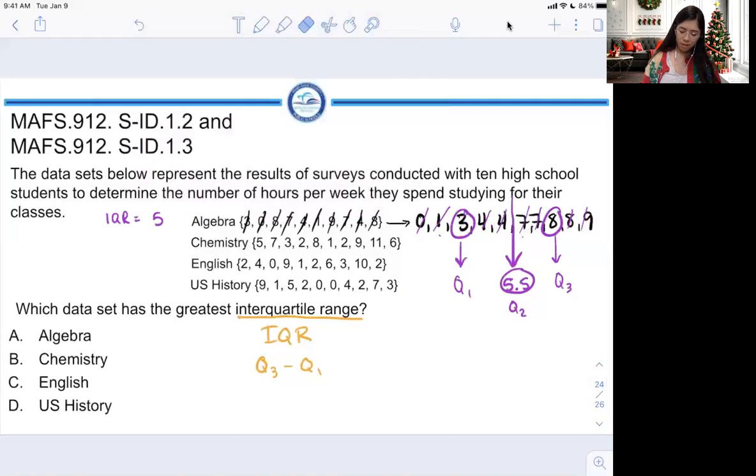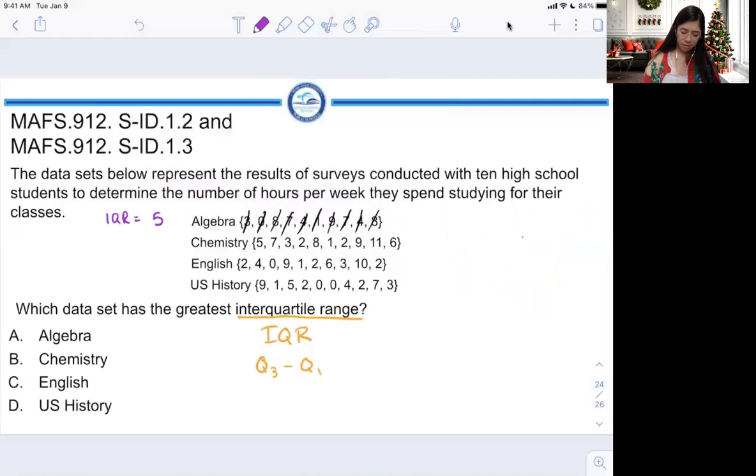And now we got to do it to all of them, so let's go right along. I've got more numbers here, so I hope I fit them all. 1, 1, 2, 3, 5, 6, 7, 8, 9, 11. Perfect. Okay. Median.